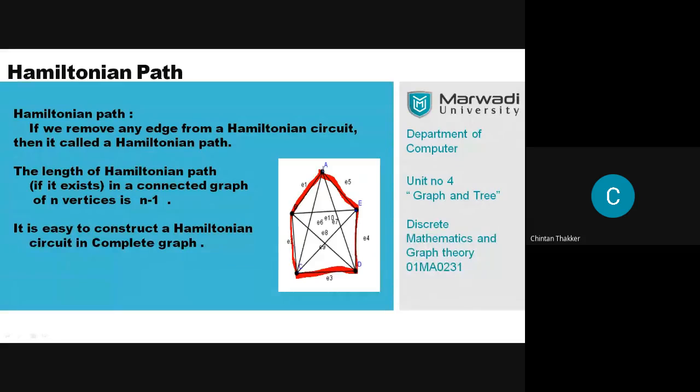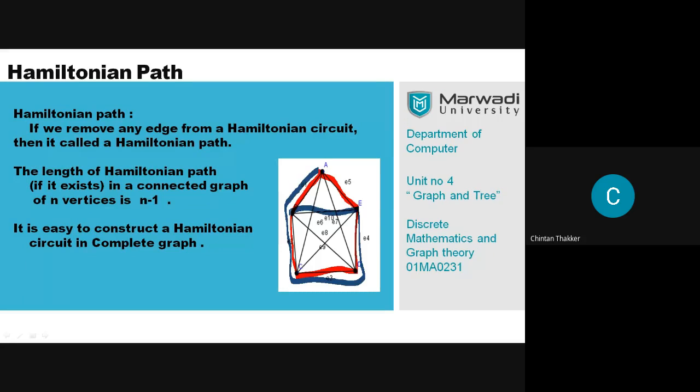Now if we want to find the Euler line, we consider the blue color. If we want the Euler line, we want a closed walk which contains all edges.